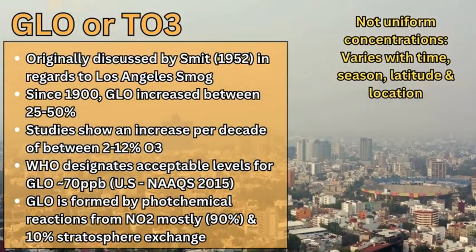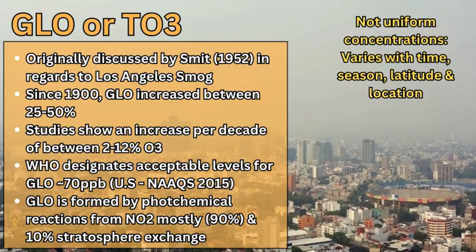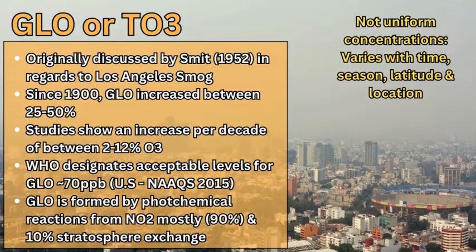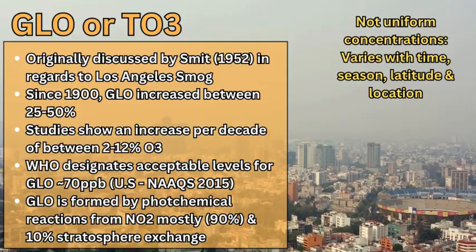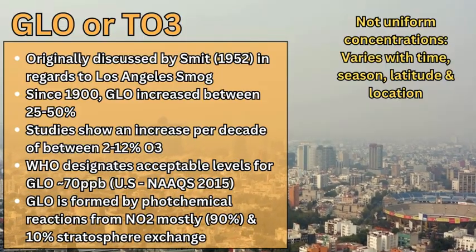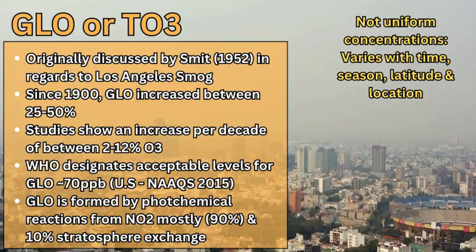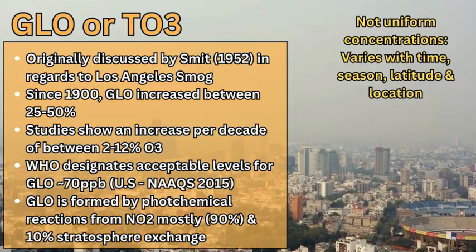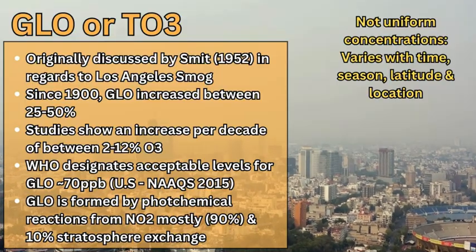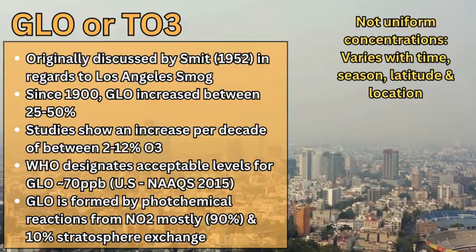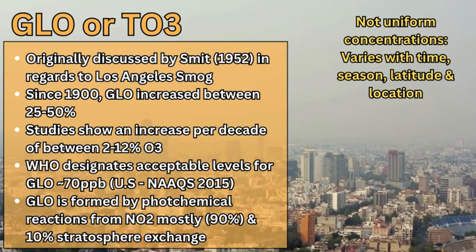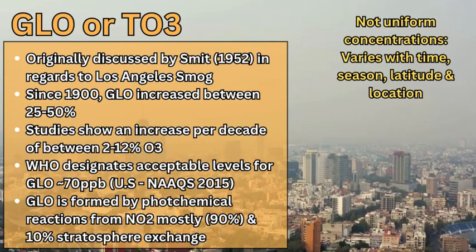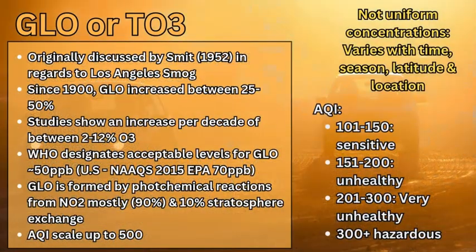Now, research suggests that ground level ozone has increased in the troposphere between 25 to 50%. This is down to the industrial revolution, industrialization, the growth of urbanization and cities, and also the burning and use and production of precursor gases such as nitrogen dioxide, CO2, VOCs, carbon monoxide, and sulfur dioxide in order to produce the tropospheric ozone through dissociation and photolysis.